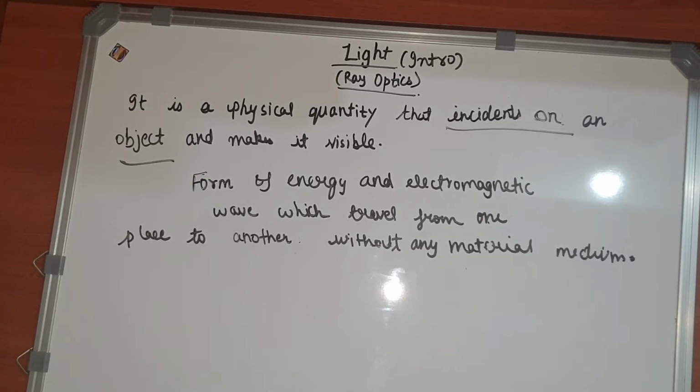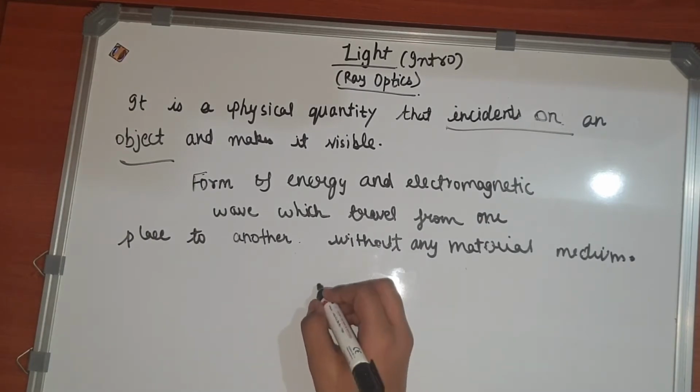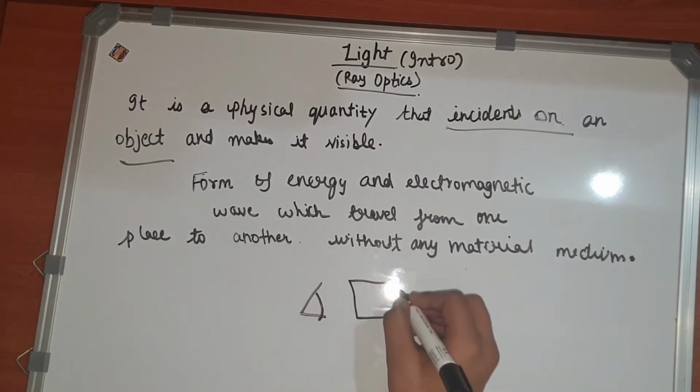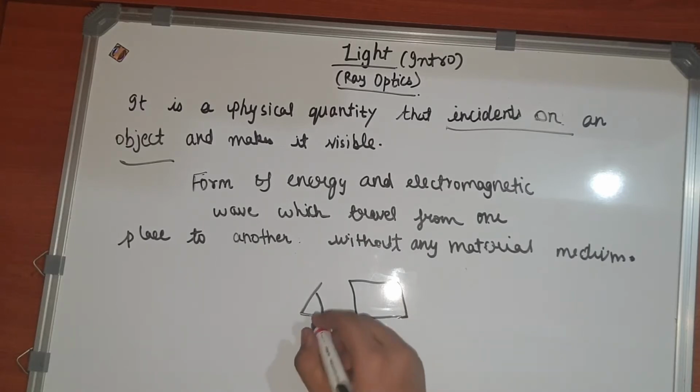What is the meaning of this sentence? Suppose I am in a dark room. This is my eye, and suppose this is a box. I cannot see this box in that very dark room even if my eyes are wide open, because there is no light ray present in that room. Then suppose I turn on the tube light of that room.